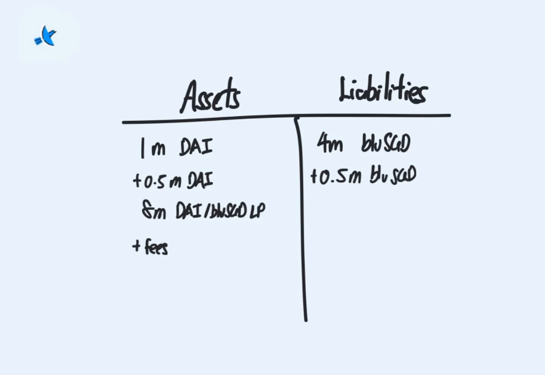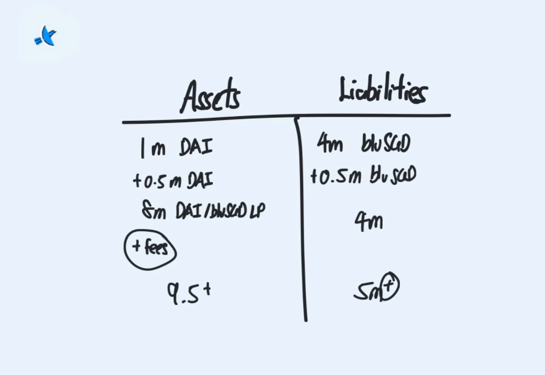Now, if you were to take a look at the balance sheet, you can see that the total on the assets right now is 8 plus 1 plus 0.5, which is 9.5 plus million dollars worth of assets. On the liability side, it has $4.5 million worth of liability, and this means that equity holders have $5 million plus worth of equity, and this is greater than before. This plus actually comes from the fees that were accrued earlier, simply because the protocol has earned arbitrage revenue when it performs the swaps.